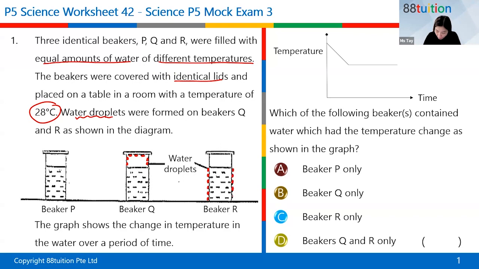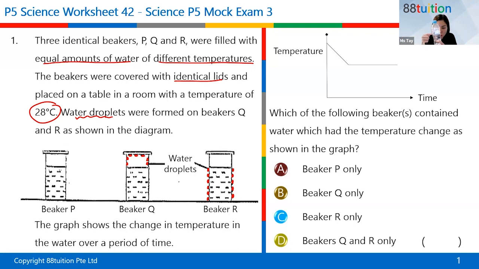Can you recall incidences where you see water droplets on the outside? For example, you put a glass of water, or maybe this bottle of mineral water, inside the fridge for a day or two. Then I took it out and put it on a kitchen table.